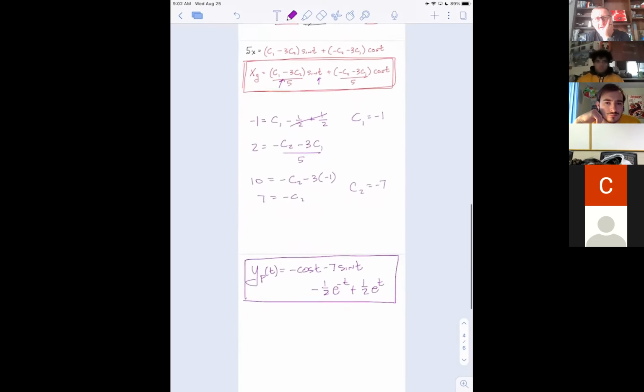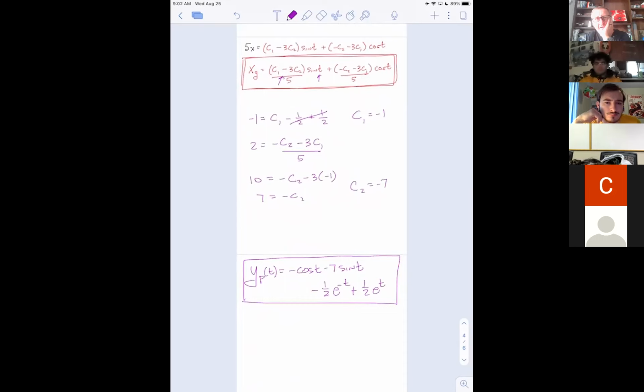And then if I plug those into this, let's see what happens with the second one. More going on there. So this is -1 minus 3 times -7. That'd be plus 21. -1 plus 21 is 20. 20 divided by 5 is 4. That's really nice, it came out as a whole number. So x particular of t, I get 4 sine of t. And what happens with this one over here?